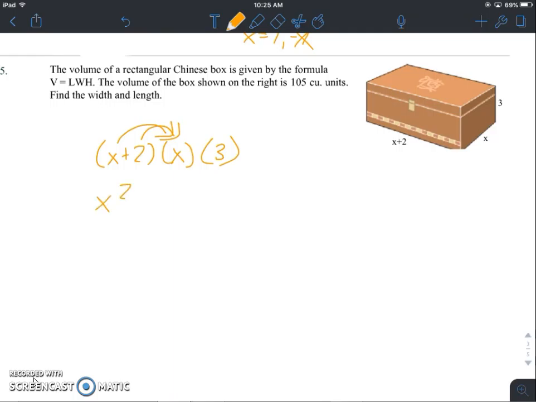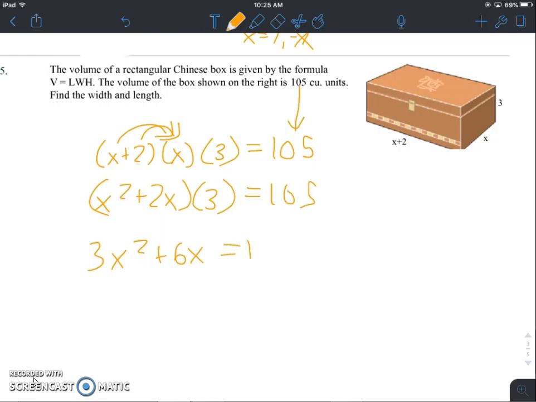That's going to be 3x squared plus 6x, and that should equal 105. So move the 105 over, I get 3x squared plus 6x minus 105 equals 0.